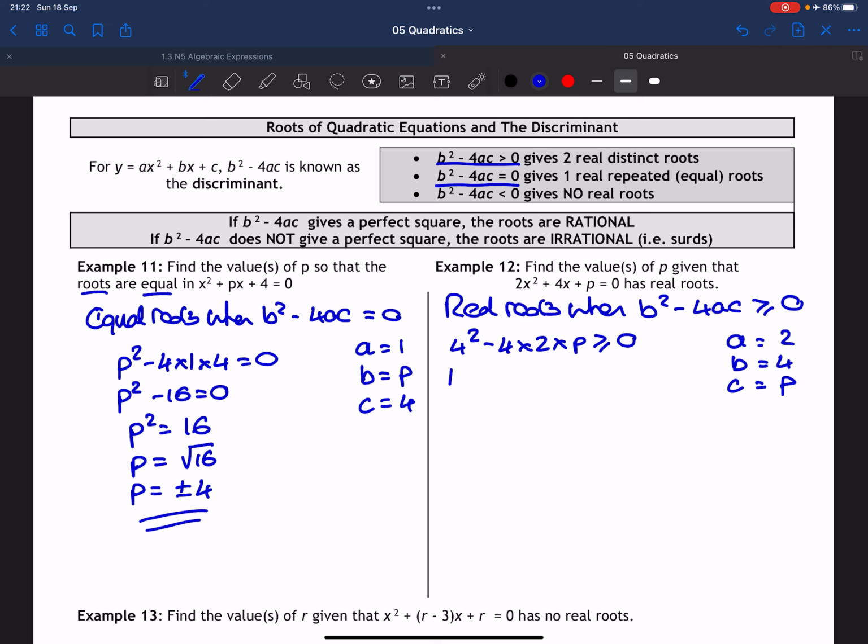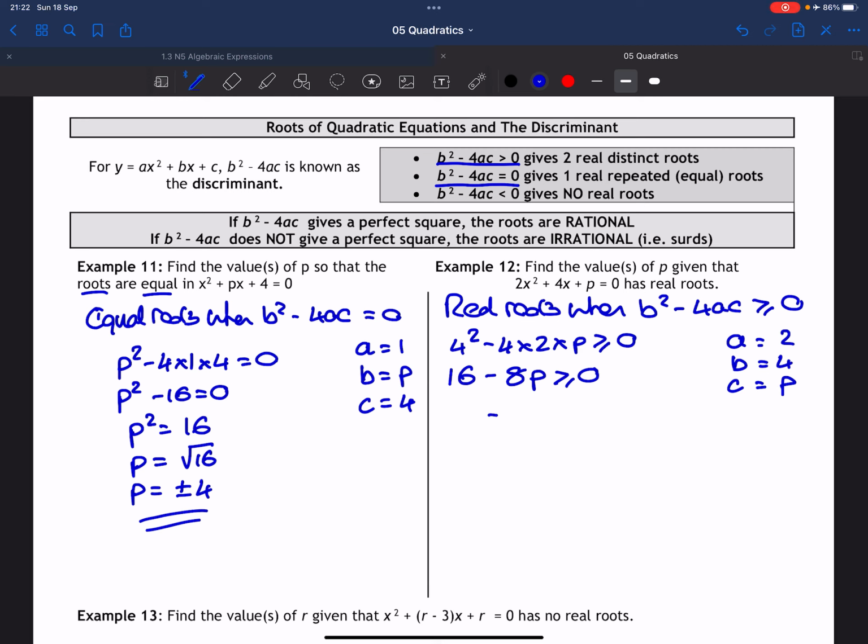So that will give me 16 minus 8p is bigger than or equal to 0. Now this is just a normal linear inequality because the value of p has got a power of 1. So I don't need to solve any quadratic inequality. I don't need to draw a sketch. Just normal rules apply from National 5.